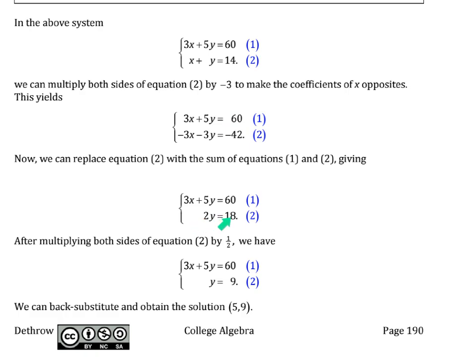Now we can multiply both sides of our second equation by 1/2, and that gives us y equals 9. But if y equals 9, we would have 3x plus 45 equals 60, which would mean that x equals 5.